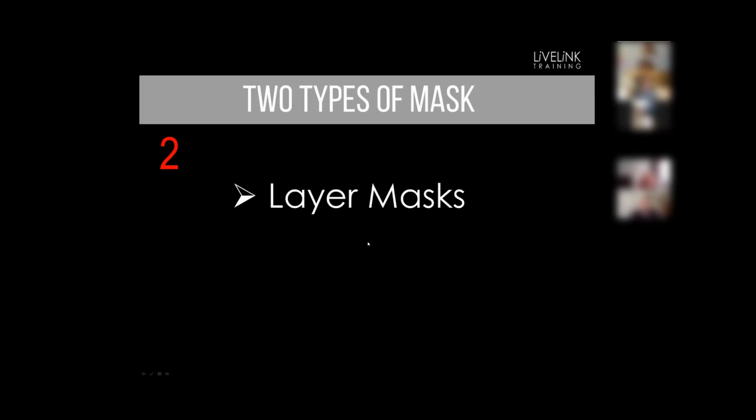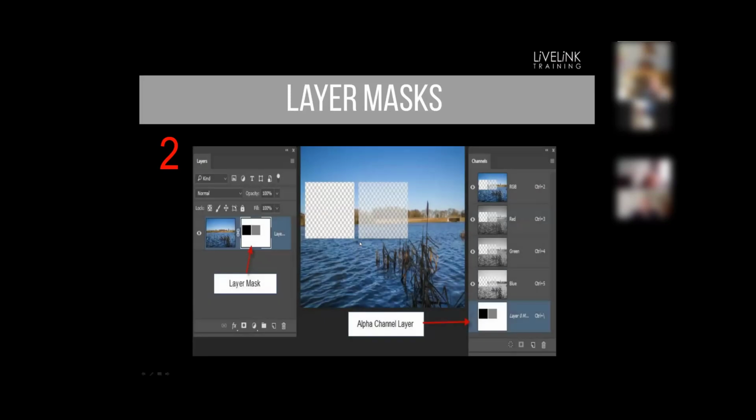Now, layer masks. Well, these and clipping masks are the 2 masks that I want to look a little bit more in detail at, because they are both extremely useful. Now, first, layer masks. Well, these obviously have a place on the layer. And here you can see that I've got a layer in the layers panel, and I've put a mask on.